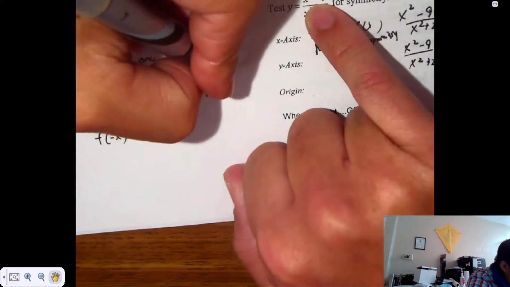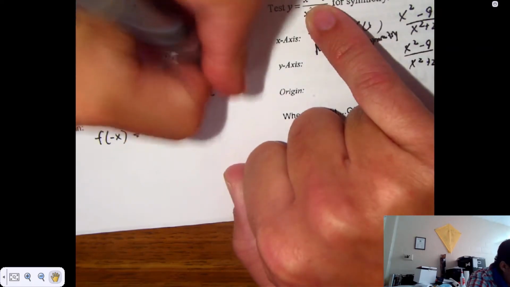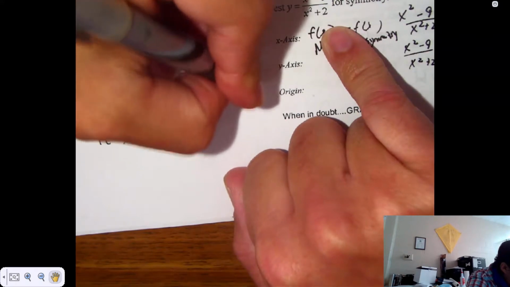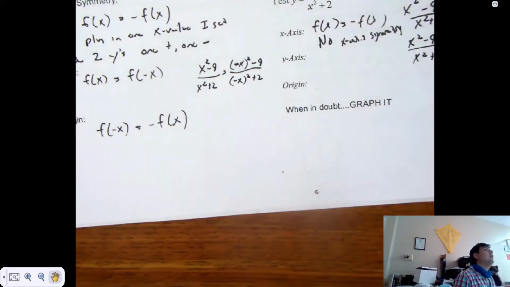So the original equation here was negative x squared minus 9 over negative x squared plus 2. Will that thing look the same when everything is said and done? I'm seeing a couple of nods saying yes. Why is it going to look the same when everything is said and done? What happens when you square those negatives? They become positive.